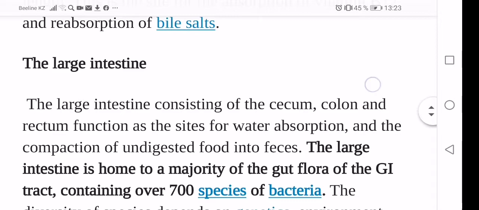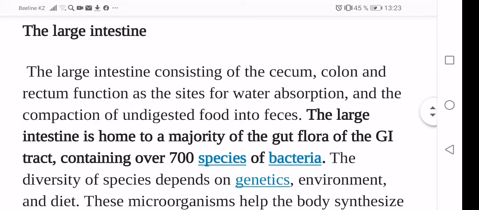The large intestine. The large intestine, consisting of the cecum, colon, and rectum, functions as the site for water absorption and the compaction of undigested food into feces.